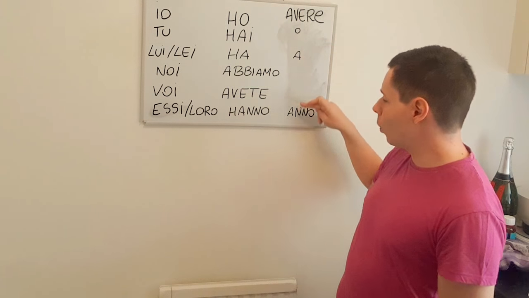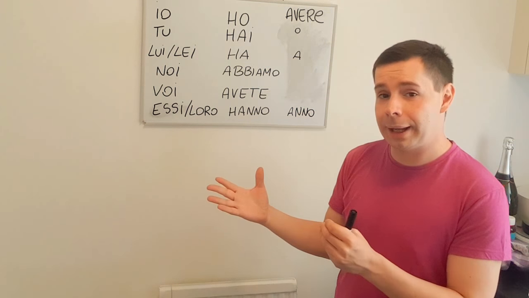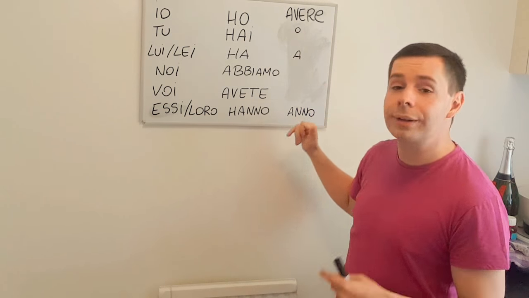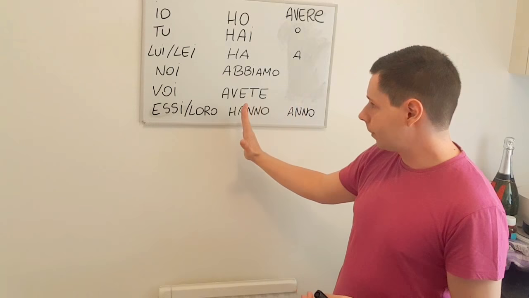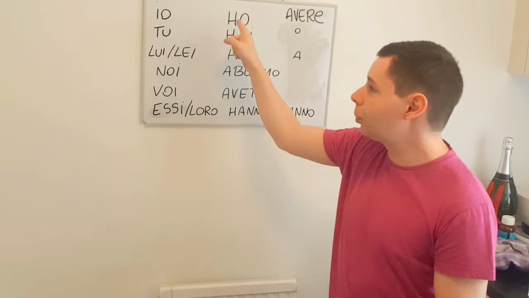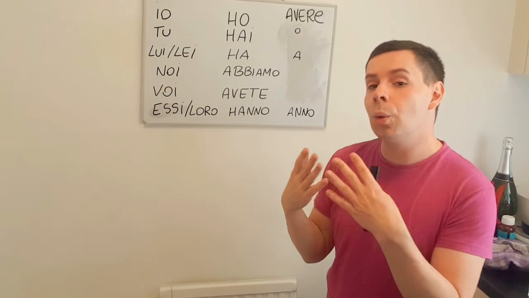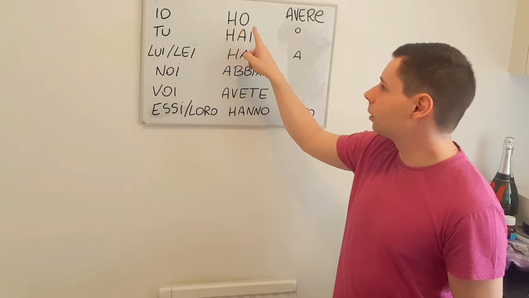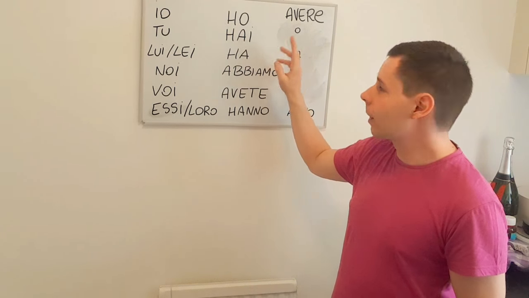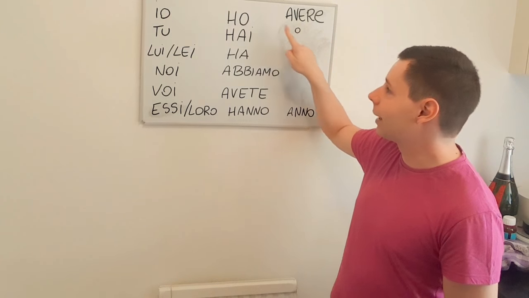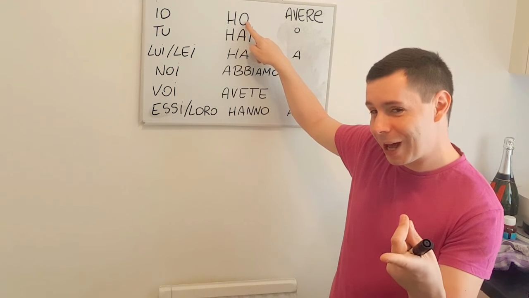So these words basically have different meanings. It's really important that when you want to say have, you put the H, and when you want to say something else, you don't put the H. Because o is a conjunction. This one is the verb to have.